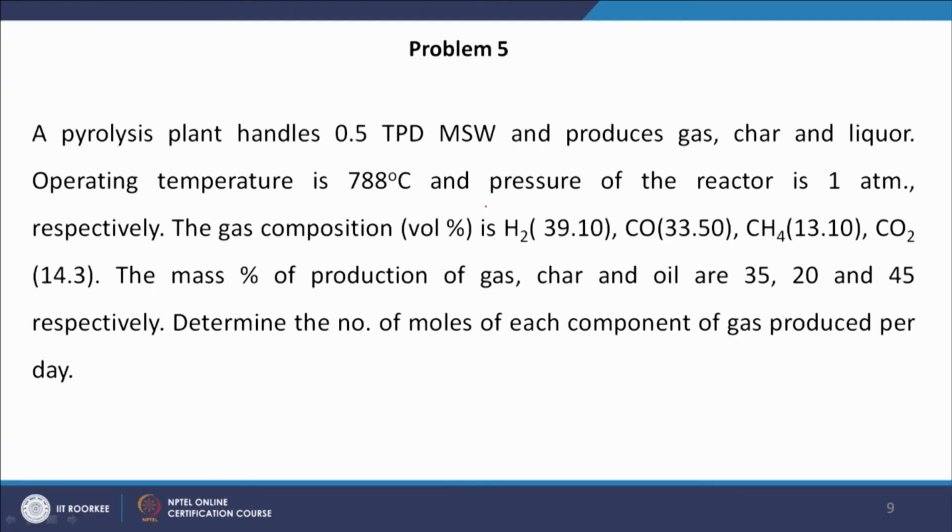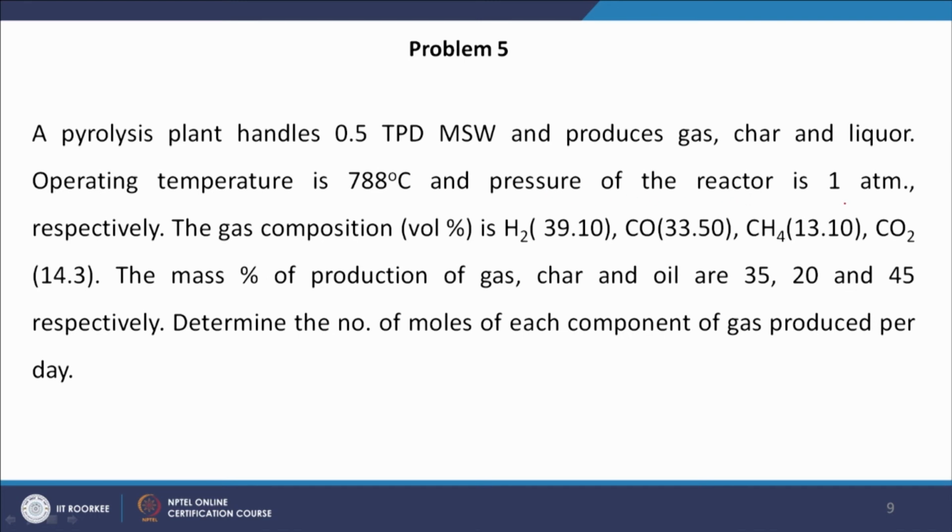Next problem, statement number 5. A pyrolysis plant handles 0.5 TPD MSW and produces gas, char and liquor. Operating temperature is 788 degree centigrade and pressure of the reactor is 1 atmosphere respectively.